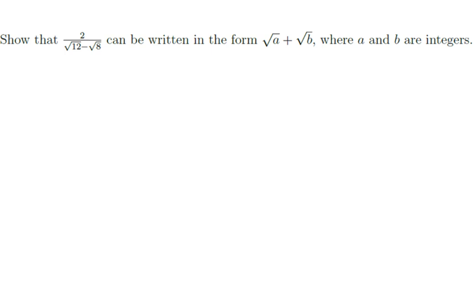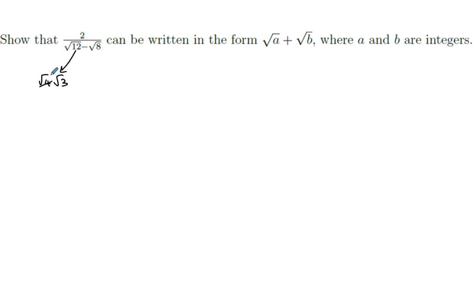Show that that can be written in that form. Okay, now this is very interesting, because if you've got a surd in the question that can already be simplified, then please do that first. So we can tell that surd 12 could be broken down into surd 4, surd 3.